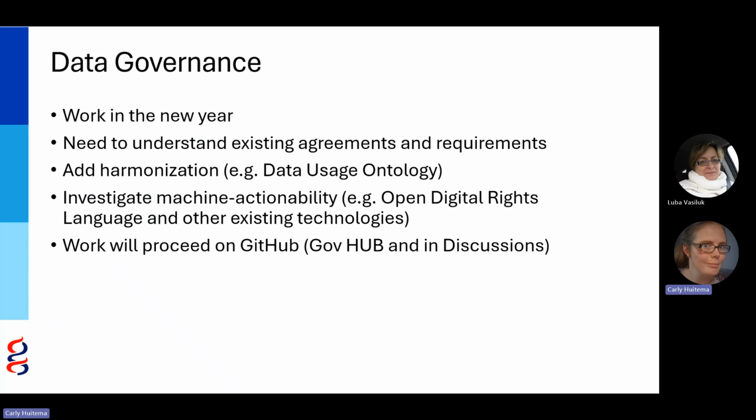There's the data uses ontology for terminologies, etc. And we will want to proceed with that work in the GovHub, which is another GitHub repository, and also in more private discussions when we have a more private discussion forum set up. That's the last slide. So are there any questions before we close out today's session?